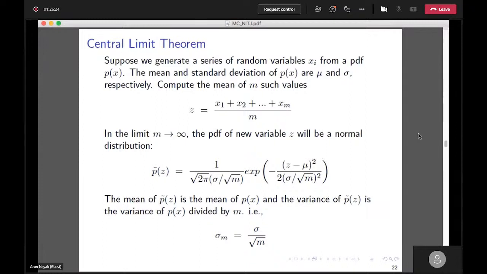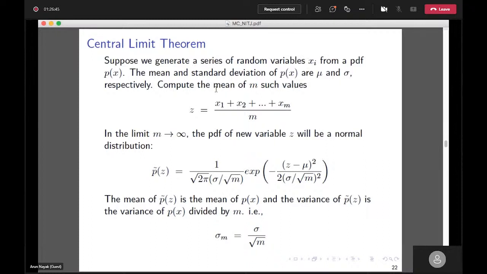So now let's come to the central limit theorem. I guess you have already studied it in your previous lectures, so I just state this. What is it? Suppose we generate a series of random numbers, random variables xi, from a PDF p of x.